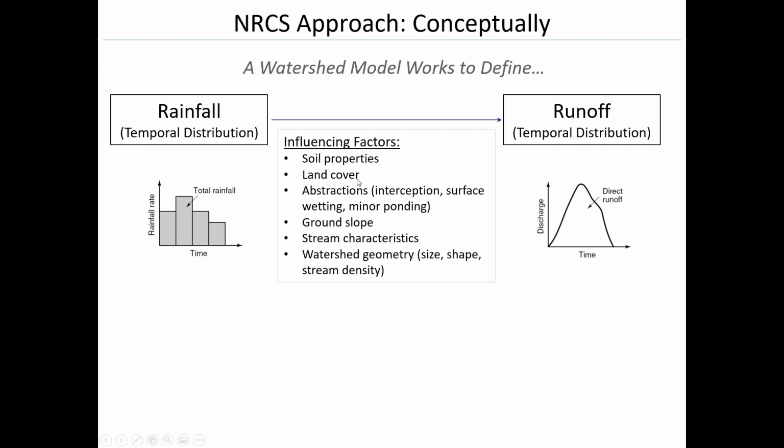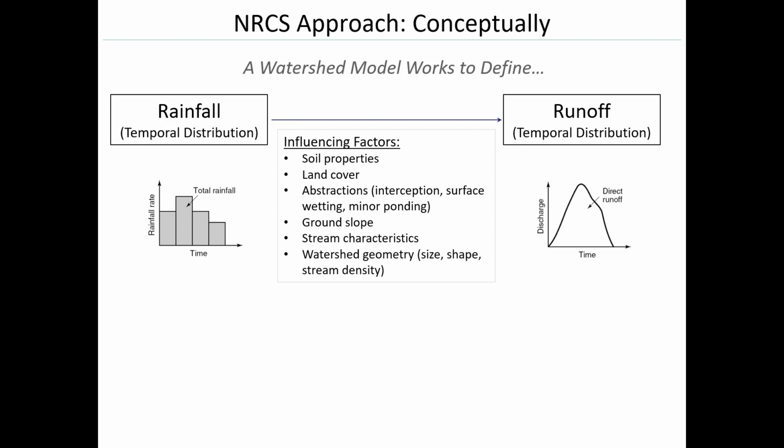Things like land cover and the disruption to a watershed that occurs when previously native habitat is replaced with pavement and roof area. So the NRCS model is going to try and account for different soil, different land cover. And I'll show you a table today that illustrates how they try to account for it.